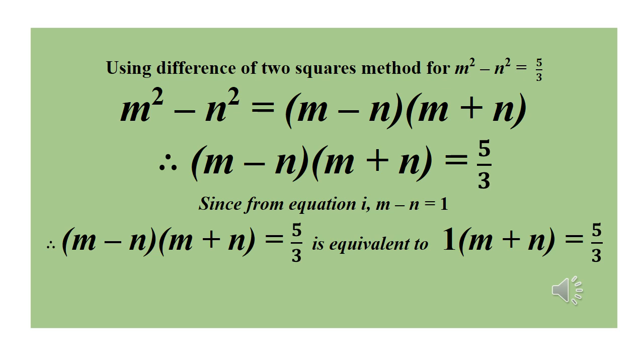Now since from equation 1 m minus n is 1, we can plug in 1 wherever we see m minus n, and in equation 2 we have m minus n there also, so we can plug in 1 there. So we have 1 multiplied by m plus n equals 5 over 3.